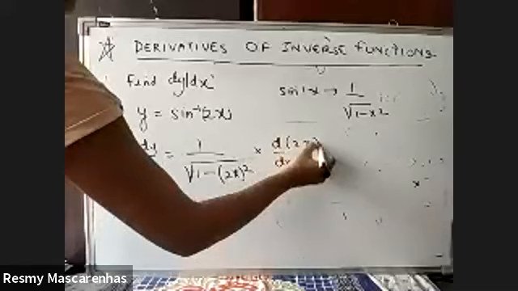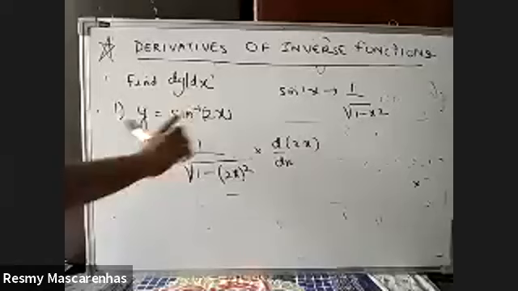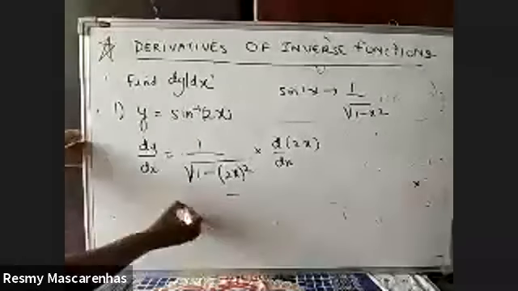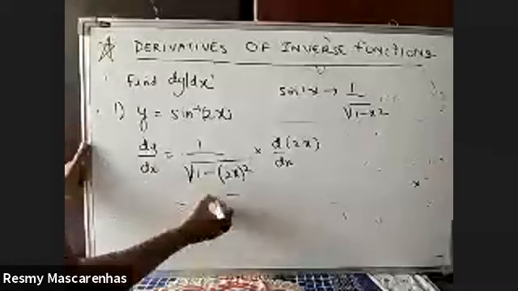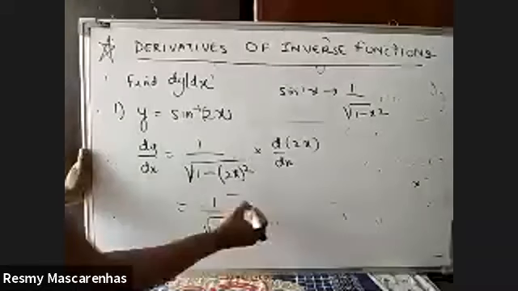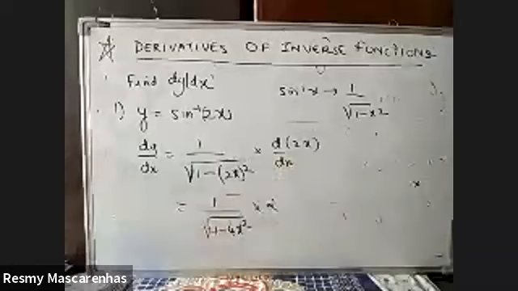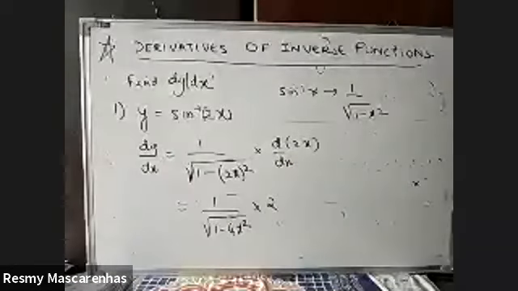So you have to take the derivative of 2x. So your answer will be 1 minus 4, square will belong to both the terms, into derivative of 2x, which is 2. So your answer is 2 upon root of 1 minus 4x square.